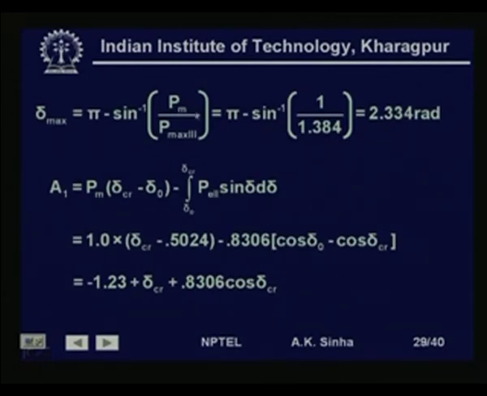That is what we have got, and the area A 1 is equal to P m into delta CR minus delta 0, minus the integral from delta 0 to delta CR of P E 2 sin delta d delta.